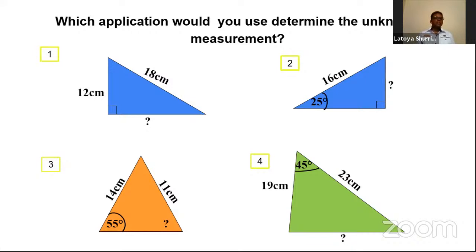Jesse is saying cosine rule for number 3. So too is Shane. Micah is saying cosine rule for number 4.